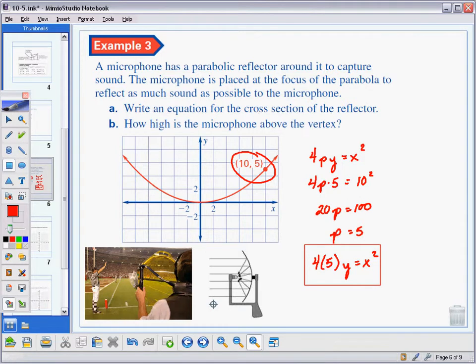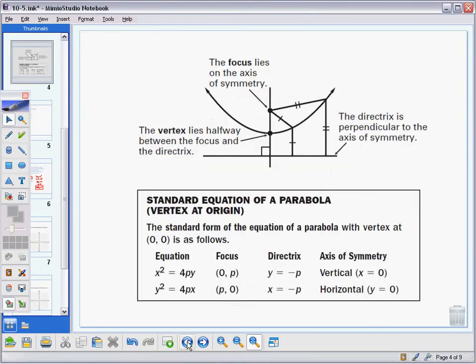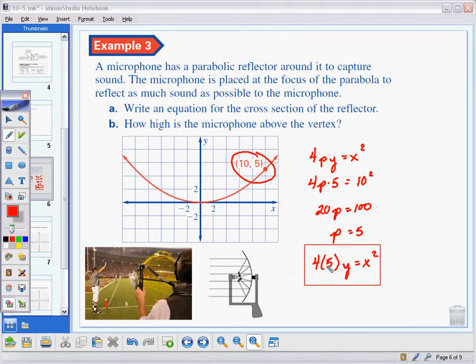I can now identify where the focus is, and that's important because for one of these parabolic reflectors we would place the microphone at the focus so that all the sound coming into it would be directed at that microphone. So noting that the focus would be at (0, p), I know that this focus would be at (0, 5) because my p value is 5.